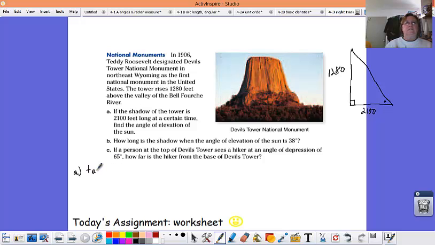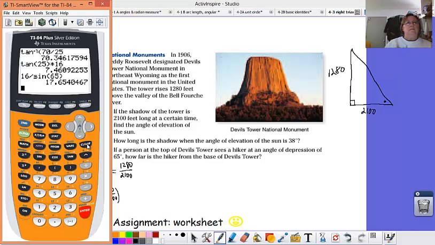So the tangent of my angle will equal 1,280 over 2,100, and I know that x, the angle, will be the tangent inverse of 1,280 over 2,100. Okay, tan inverse, so second tangent, and it is 1,280 divided by 2,100. That is roughly 31.4 degrees.